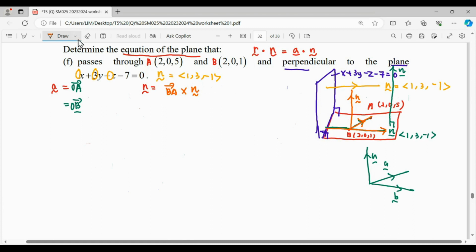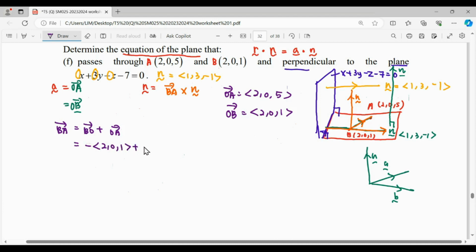To find BA, it equals BO plus OA. As we have coordinates here, coordinate A has position vector A, which is (2, 0, 5). For coordinate B, we have position vector B, which is (2, 0, 1). To get BO and OB, it is in the opposite direction, so we have a negative vector.